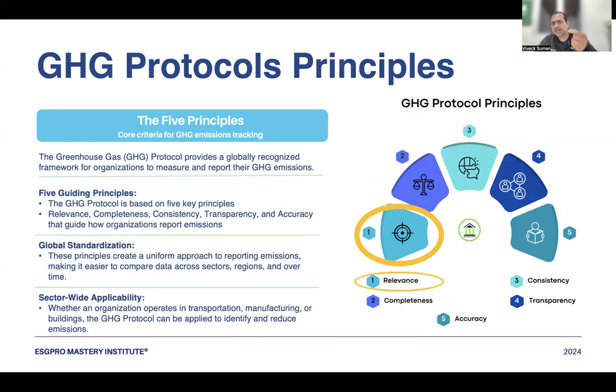The first principle is relevance. How do we remember that? It is RCC. If you know, slabs are generally made of reinforced cement concrete. That's the short form of RCC. If you have ever built your house or seen somebody constructing a house, they will always talk in these terms.